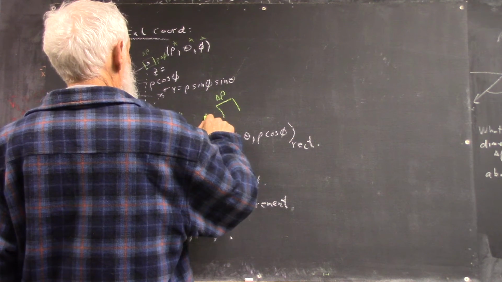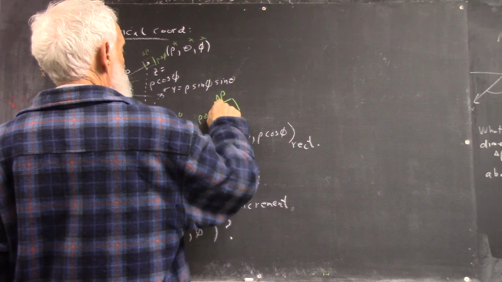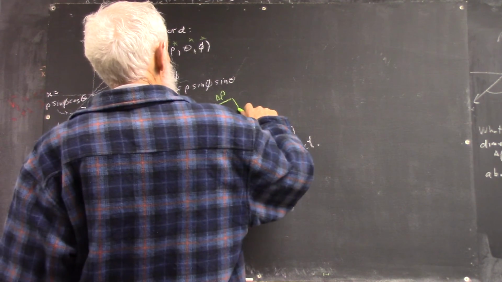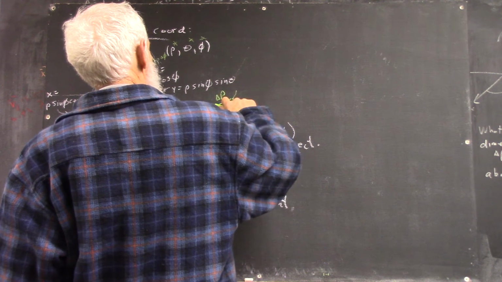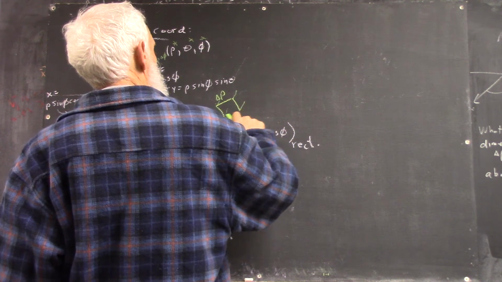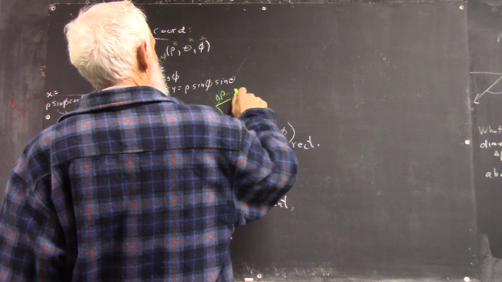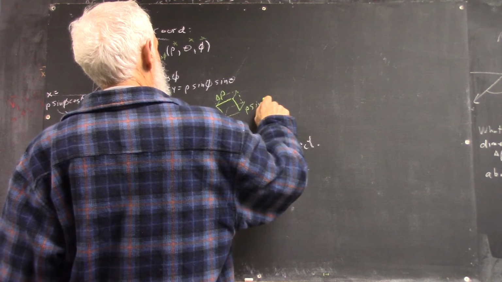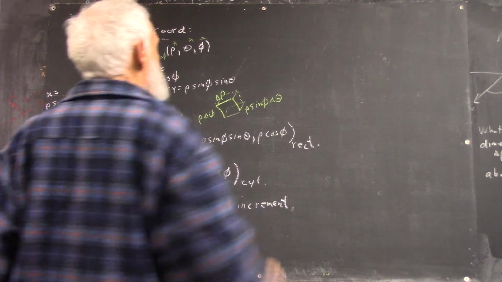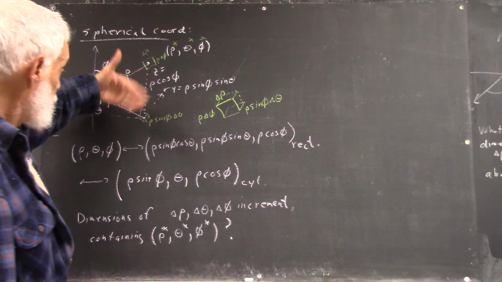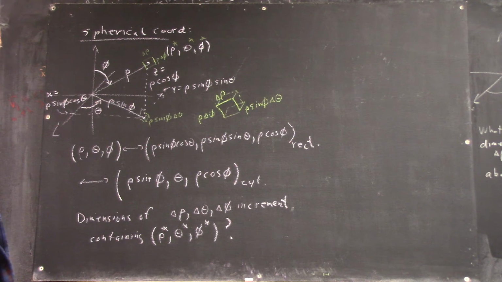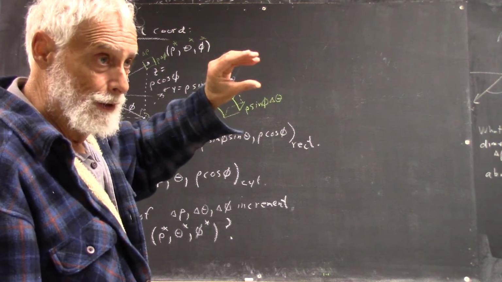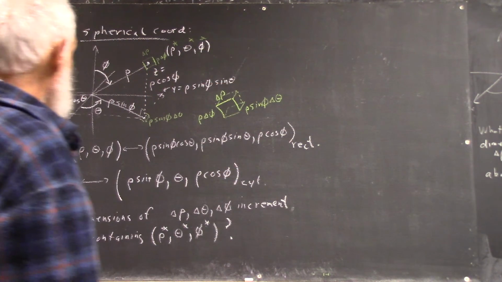But you have a rho delta phi here, corresponding to what happens if phi changes. And then you have your rho sine phi delta theta, because this goes back and forth. And you can argue that these things do make right angles, as the increments approach zero, all the angles approach right angles.